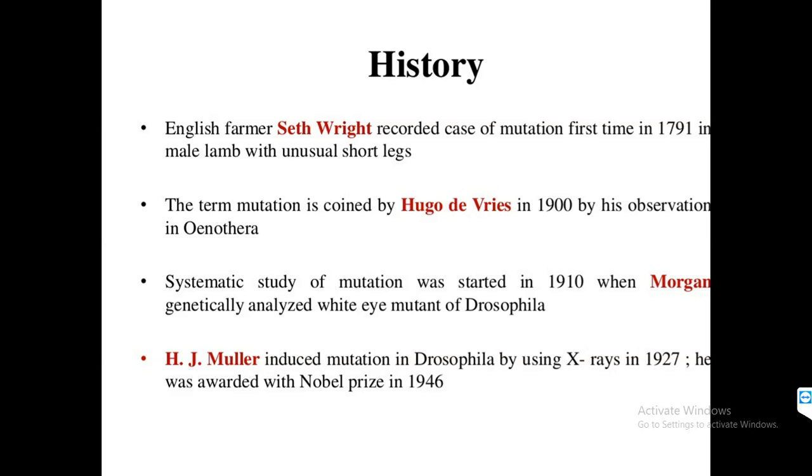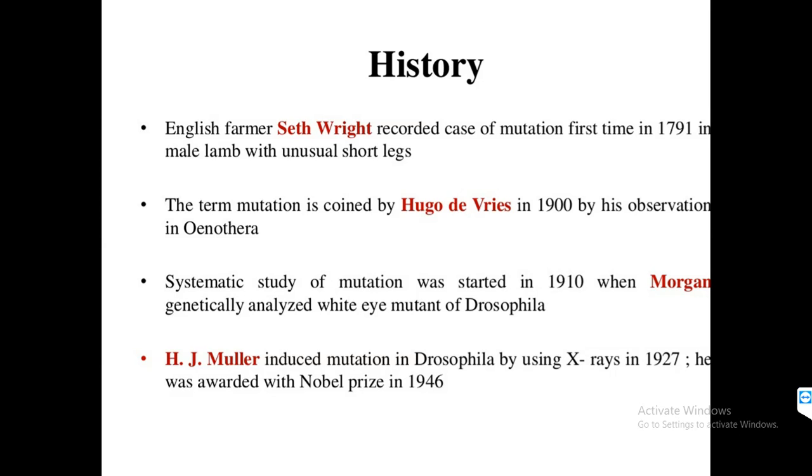He observed that most of the sheep were not able to cross the fences, but there were some sheep which were able to do that. So it was a mutation in the sheep, that some sheep grew unusually short legs, and that made it easy for them to cross the fields.